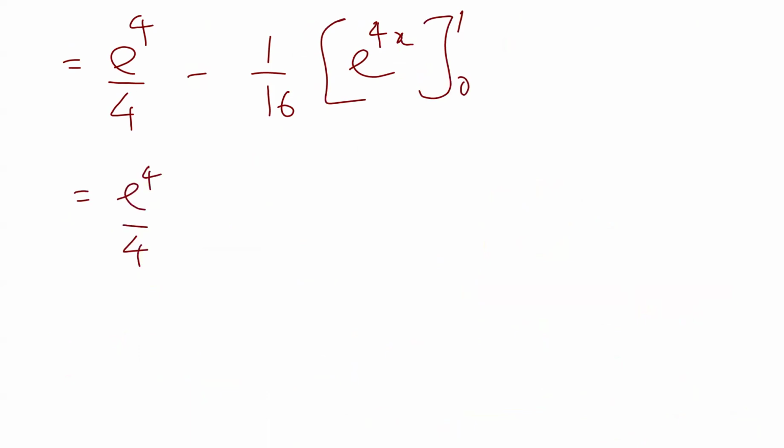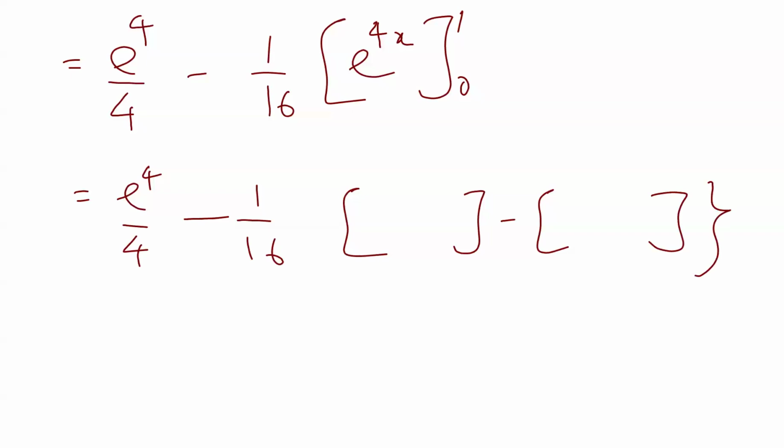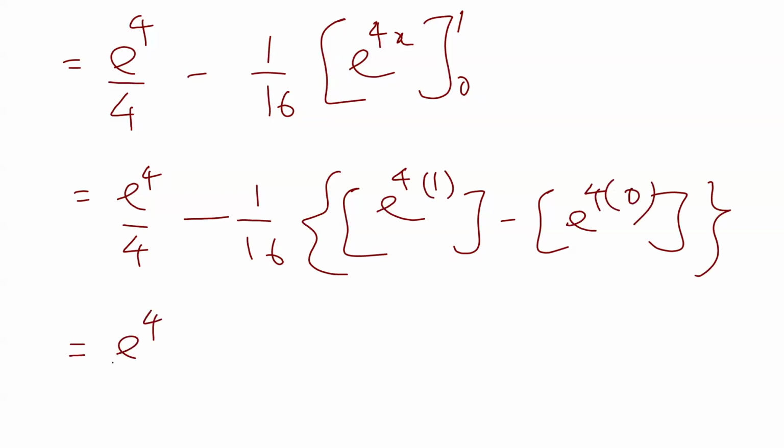So e raised to 4 by 4 minus 1 by 16 box minus box, 4 into 1, 4 into 0. So e raised to 4 by 4 minus 1 by 16 e raised to 4 minus e raised to 0, which is 1, sorry.